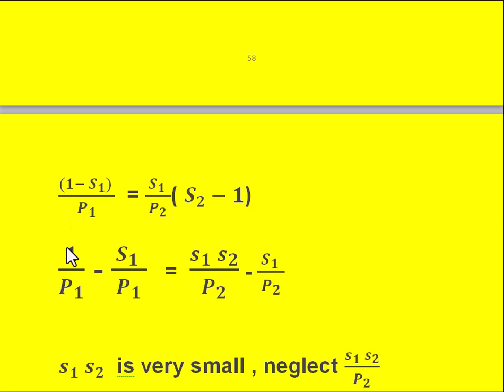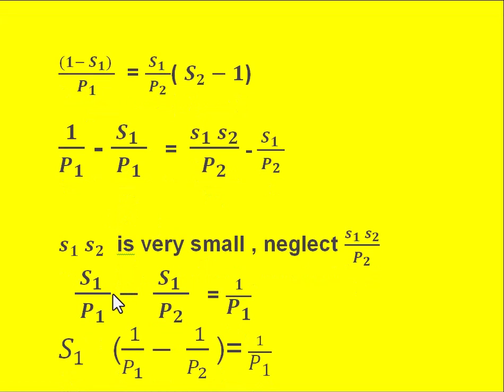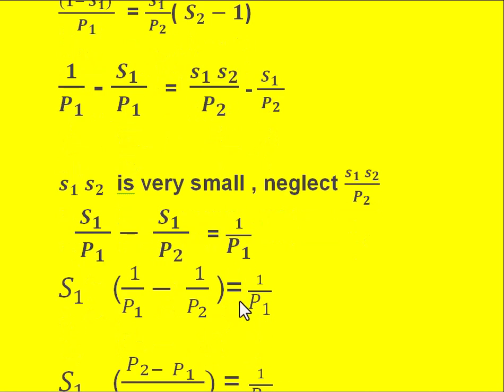Further simplification leads to: 1 by P1 minus S1 by P1 is equal to S1 S2 divided by P2 minus S1 by P2. Since S1 and S2 values are very small, the multiplication value will be very small, so S1 S2 divided by P2 can be neglected. Then the equation becomes S1 divided by P1 minus S1 by P2 is equal to 1 by P1.